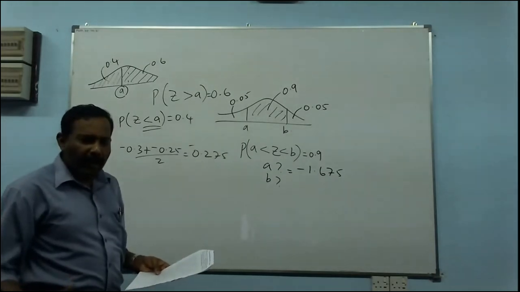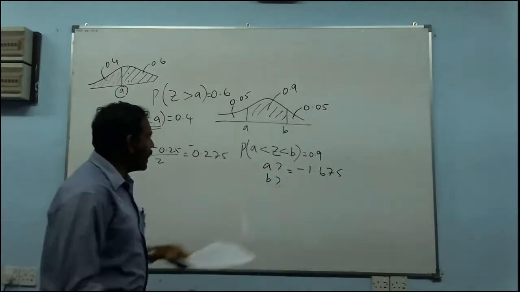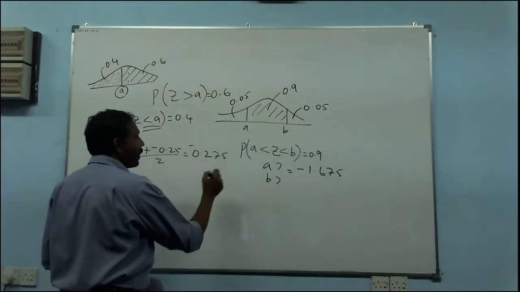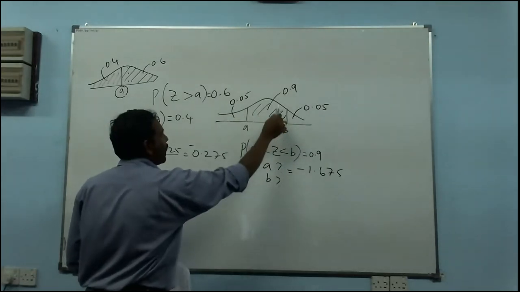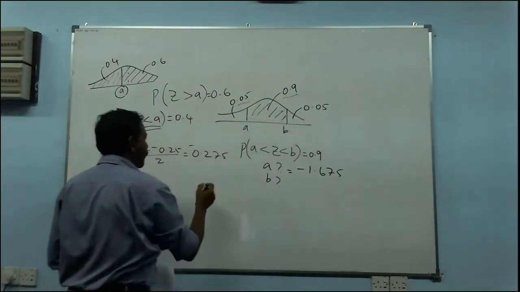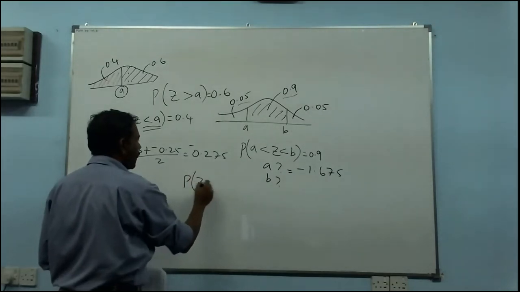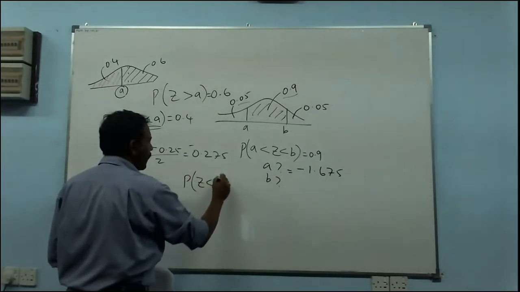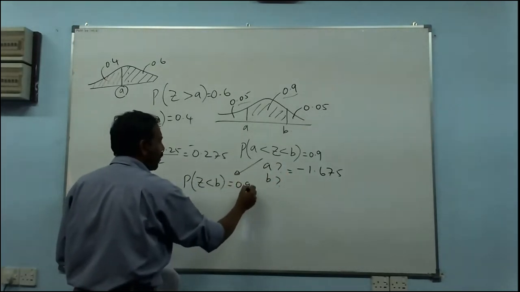Simply, if I want to find out the value of B, look at the probability for this area. What is the probability for this area? This plus this. So if you look at the probability of Z less than B, which is equal to 0.95.